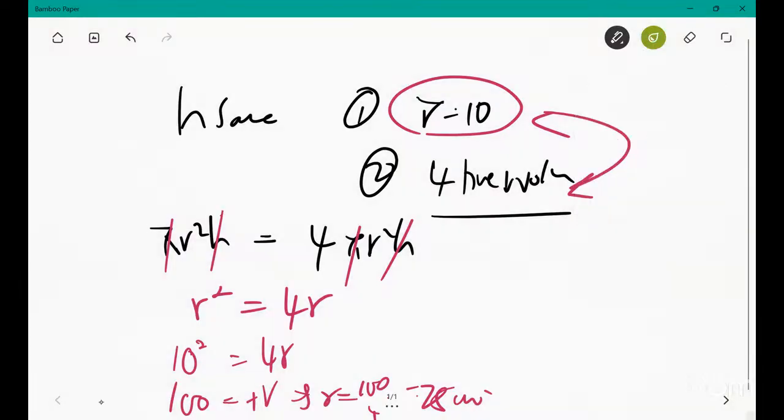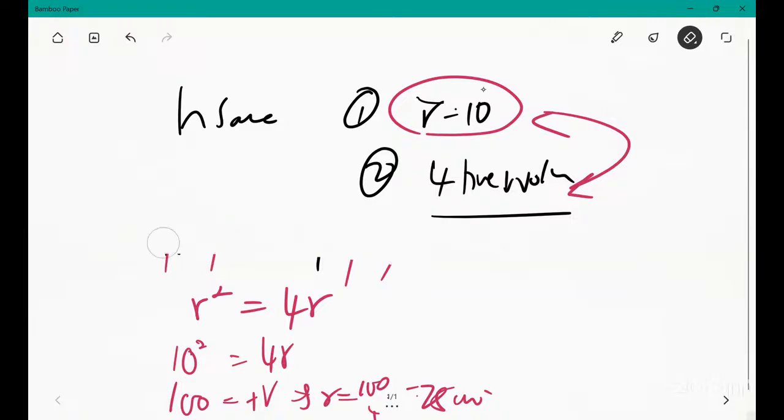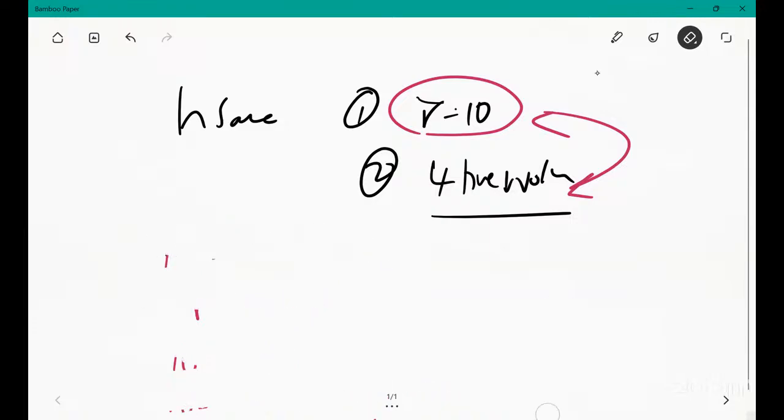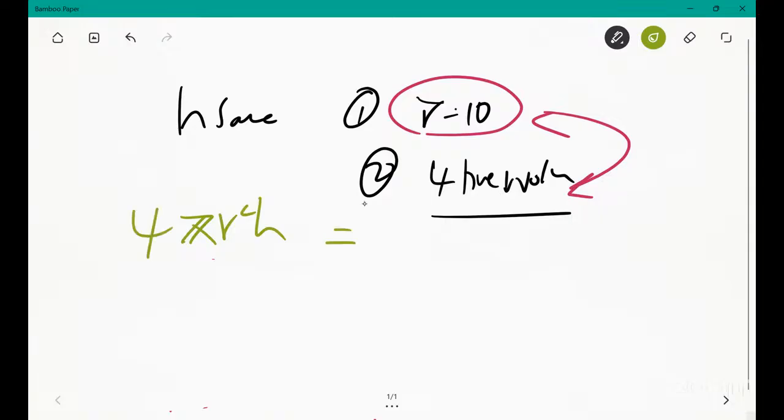Okay, so both are pi r squared h. One is 4 times, the other one is just once. The one with the 4 times only has 10 as the radius.